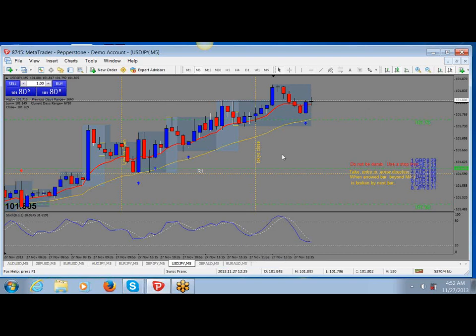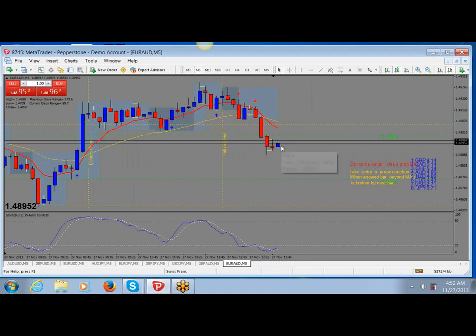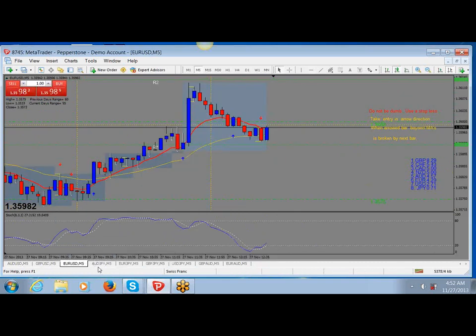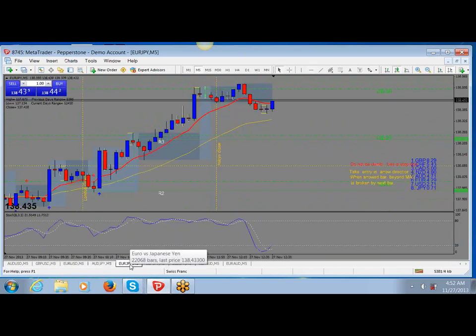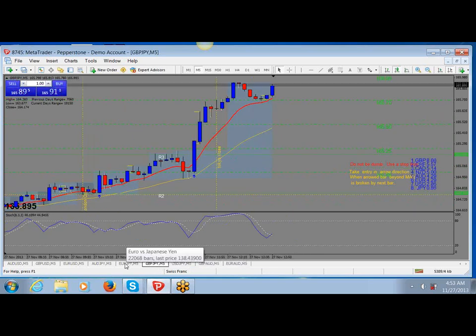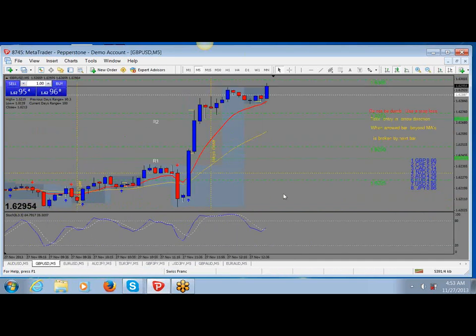I'm going to mark these and see how they come out at the other end. All right, so we had three breaks off of those bars: dollar yen, Aussie yen, and pound dollar.